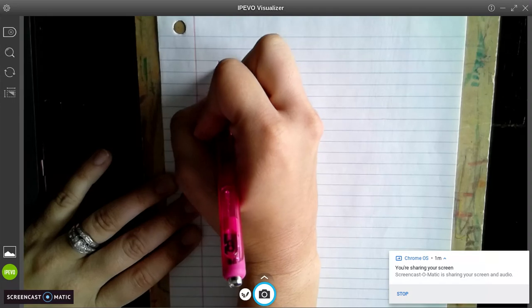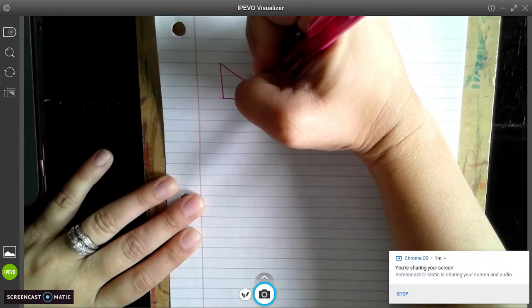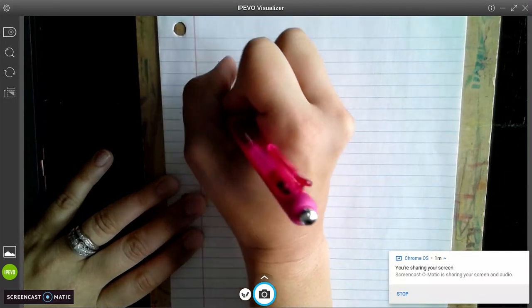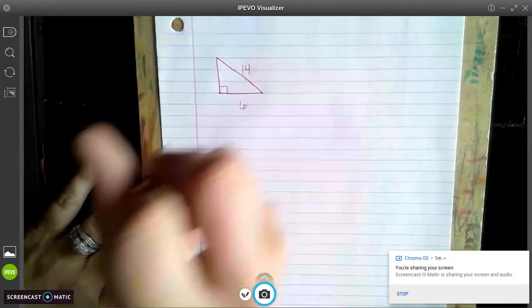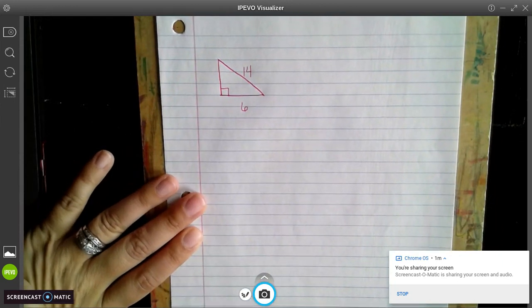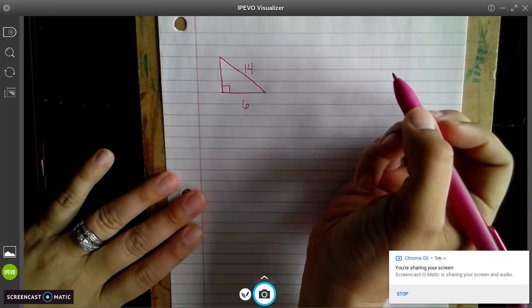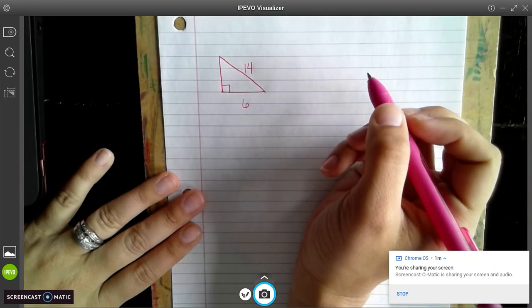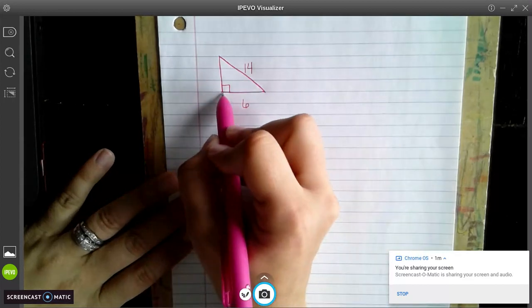So if we have a right triangle, all right, so here's our right triangle and the 2 values that they have given us. The way that I always figure out which value I've been given is I look for that 90-degree angle.